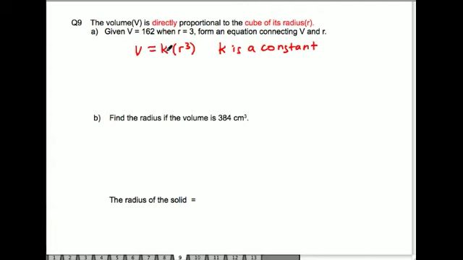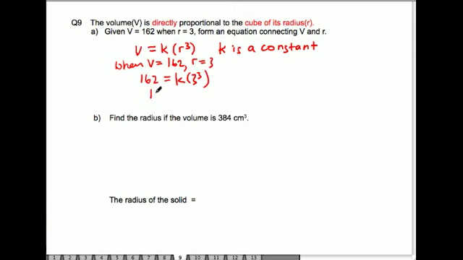Next, we need to find k by substituting the given values. When v is 162, r is 3, so 162 equals k times 3 cube. 3 cube is 27.